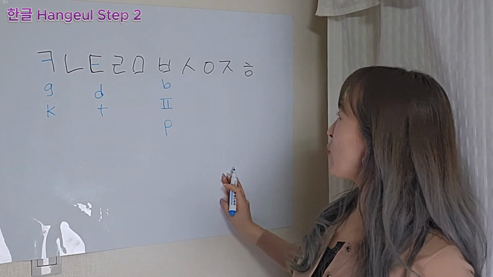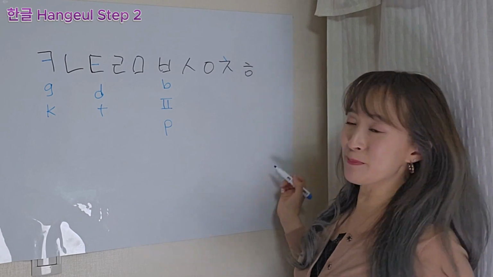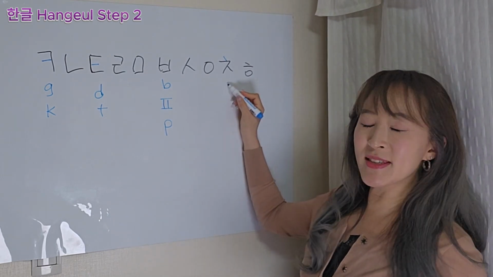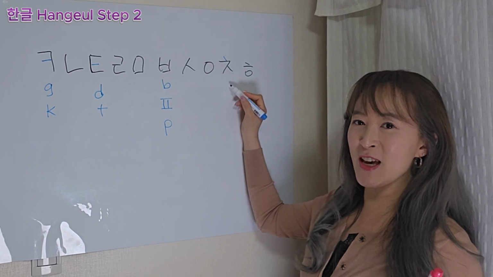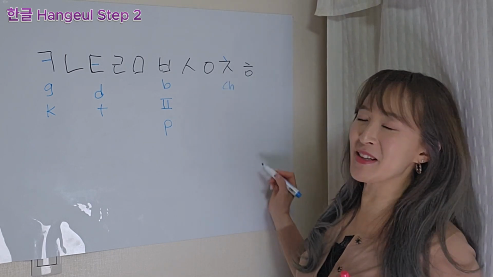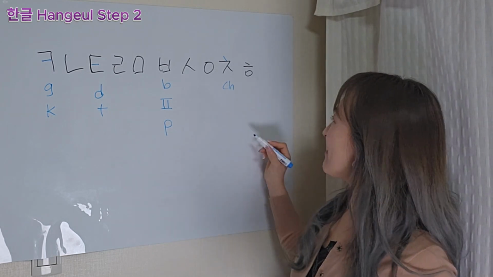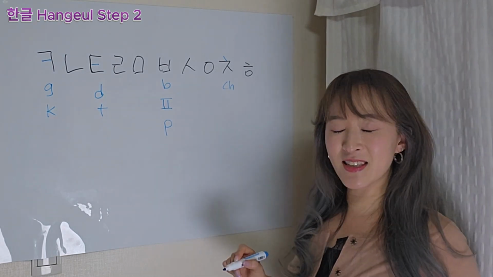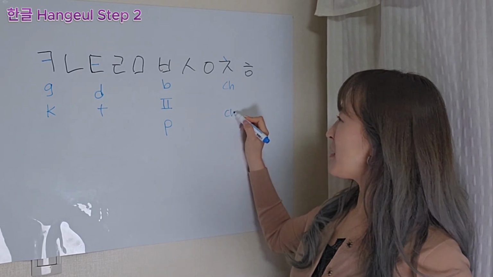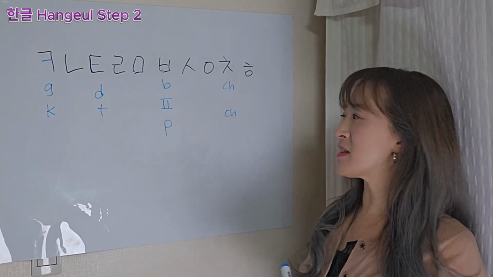And the last one we have is this jiut, putting this at the top. Jiut was like the sound between CH and J, right? And now this time it makes the complete CH sound. So this is the ch sound.